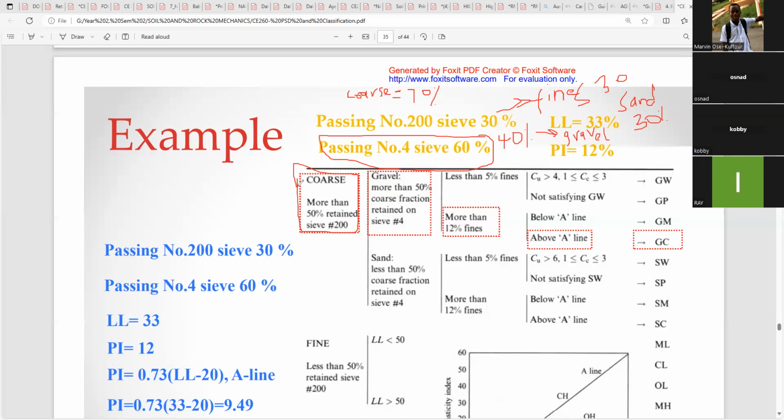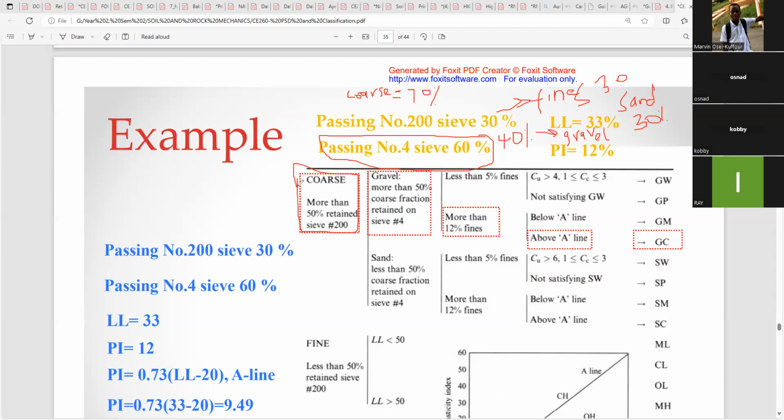Sir, I would choose gravel because more than 50% of the coarse, you get 35.